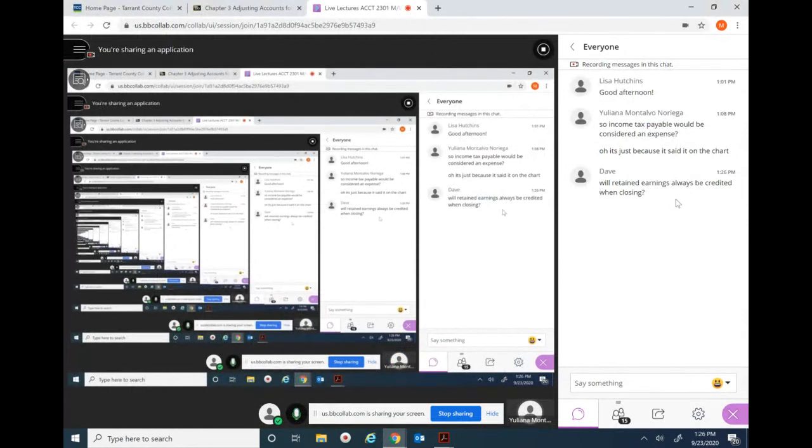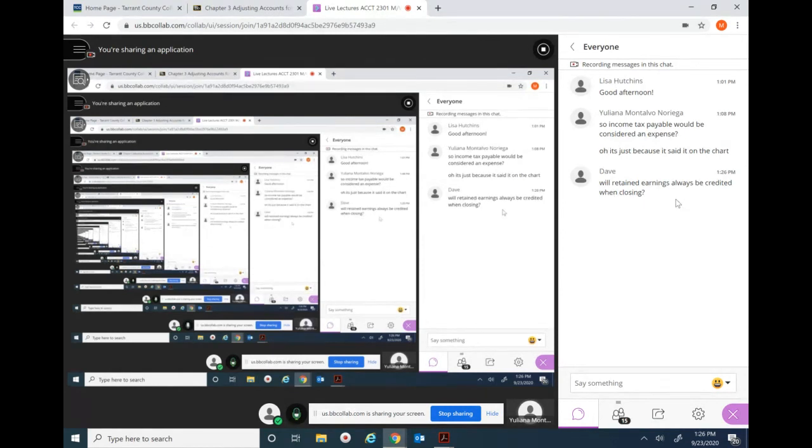So Dave is asking, will retained earnings always be credited when closing? That's actually a very good question, Dave. Retained earnings will be credited when closing if the company is profitable. Does that make sense? But if the company is losing money, if their expenses are more than revenues, then retained earnings will be debited.